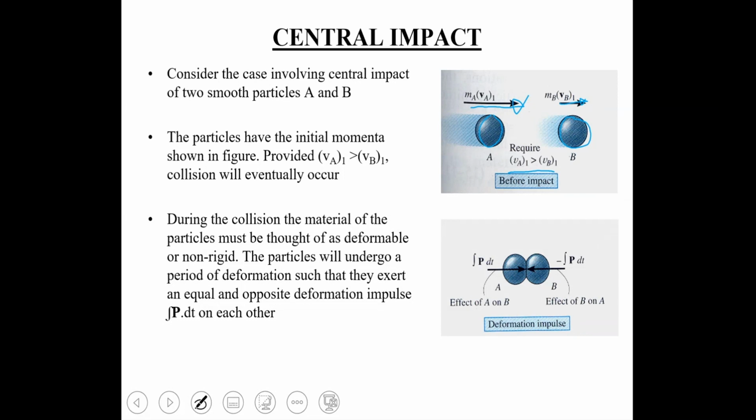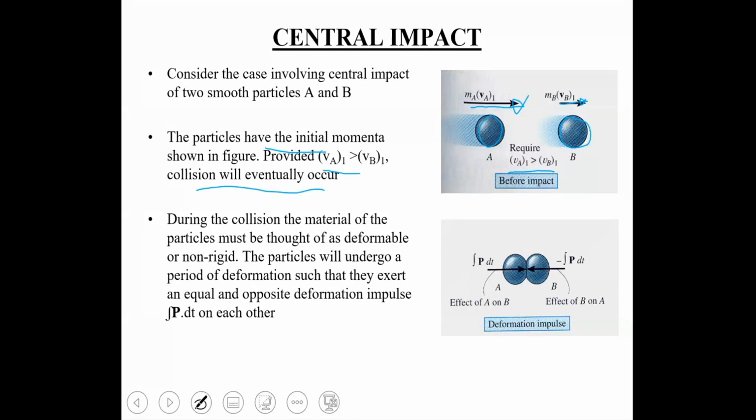So we are taking a general case in which we have two particles, both of them traveling towards the right with velocities vA1 and vB1 respectively, and vA1 is greater than vB1, so ultimately collision is going to take place. Consider a case involving central impact of two smooth particles. The particles have initial momenta as shown to you. Provided that vA1 is greater than vB1, collision will eventually occur.